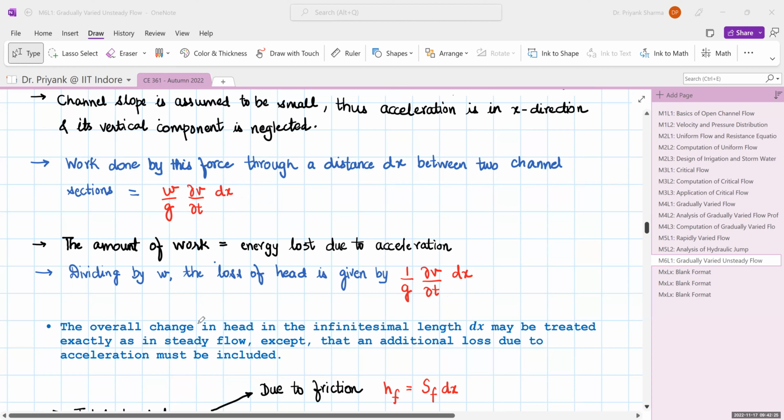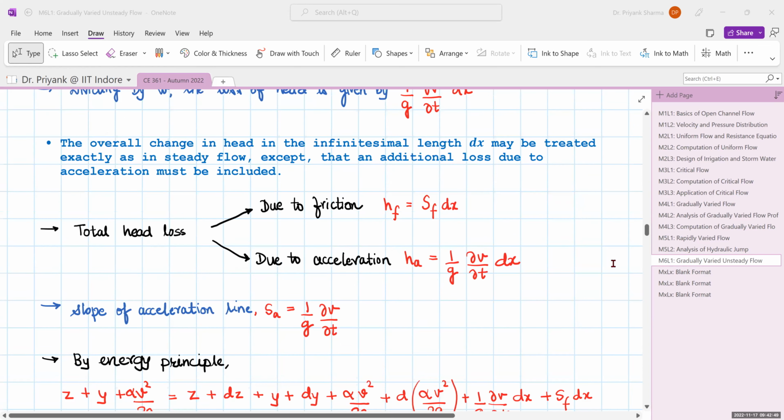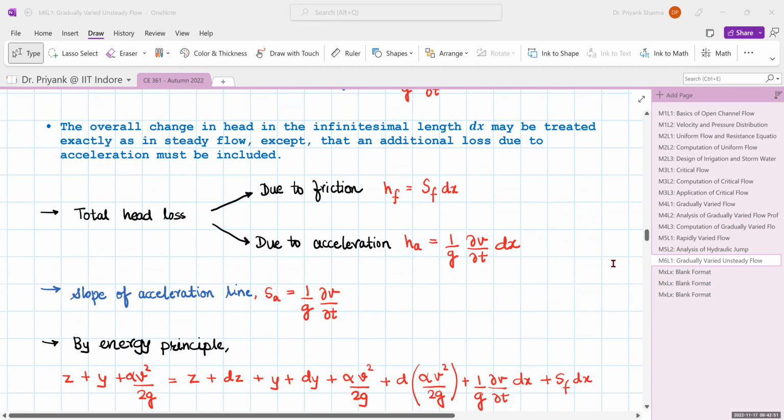Now, the overall change in head in that small length dx, that we will analyze. If we treat that as exactly steady flow, except that we have an additional acceleration component, we can assume that over a very small length the change is happening as a steady flow, but we include that acceleration change also.